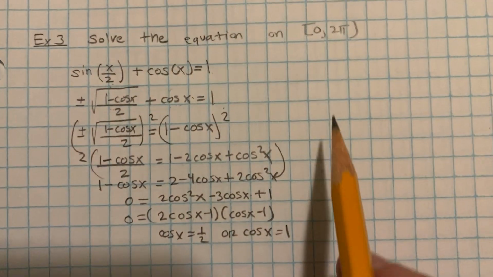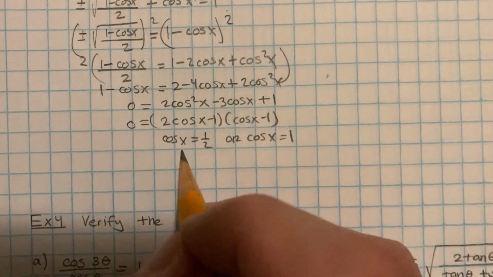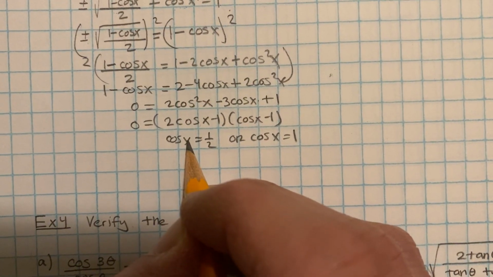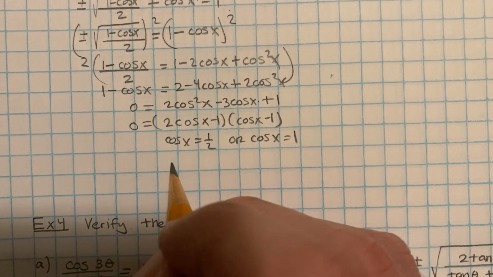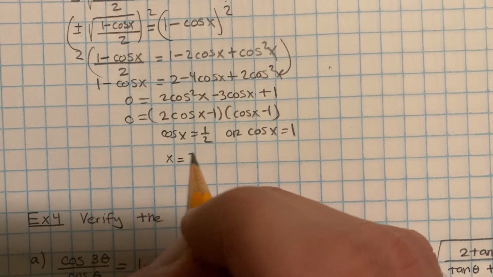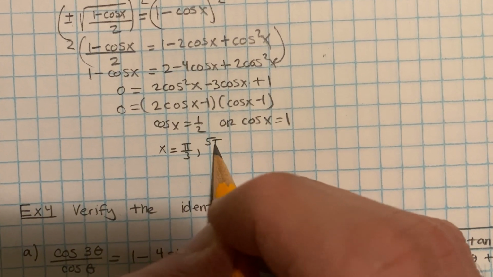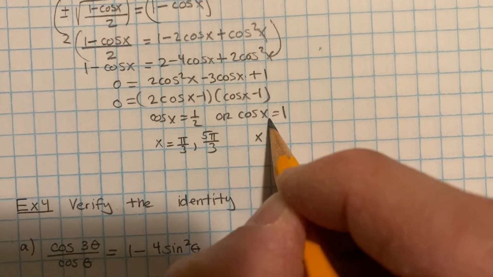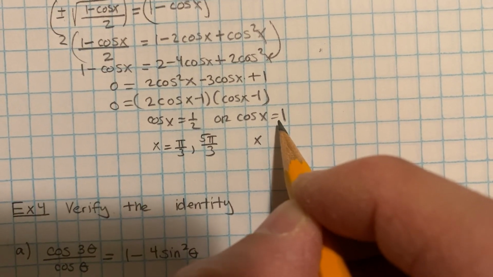On this problem, they want us to just find the solutions on the interval from 0 to 2 pi. For an angle whose x value is 1/2, it's going to be at pi over 3 radians, and in quadrant 4, 5 pi over 3. And for this one, where is x equal to positive 1?